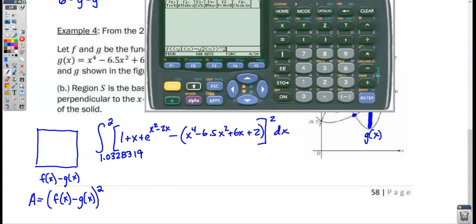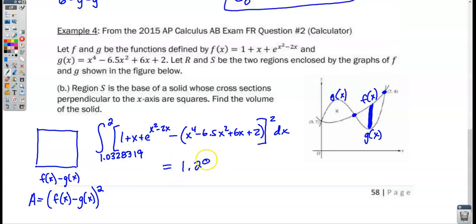And then I am going to take that with respect to x and my limits of integration. And I can calculate the volume of this solid. Give my calculator some time here. There we go. We get 1.283 for the volume of this solid.